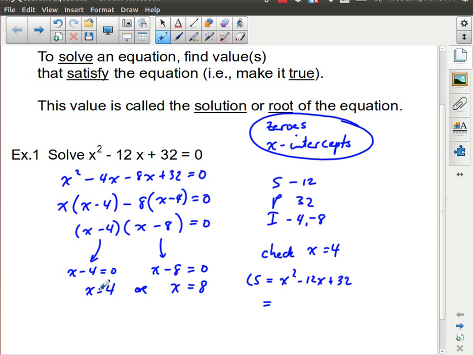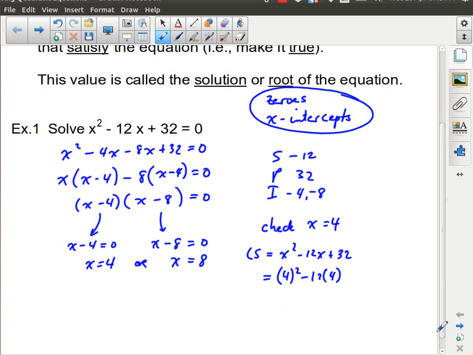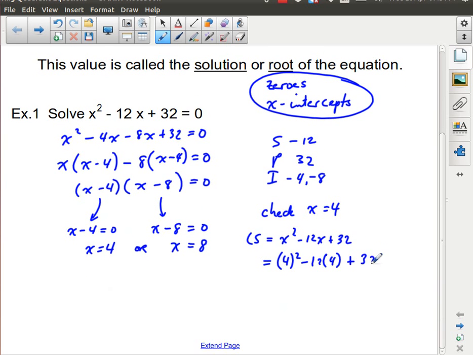And I plug in x equals 4, so that becomes 4 squared minus 12 times 4 plus 32. That gives me 16 minus 48 plus 32, which is equal to 0. The right side of this equation was already 0, so left side equals right side, and that means this solution, x equals 4, is correct.